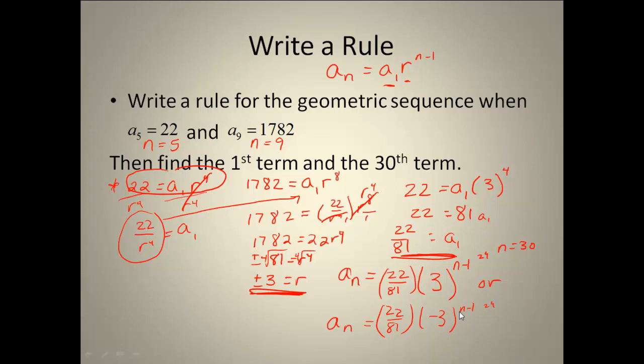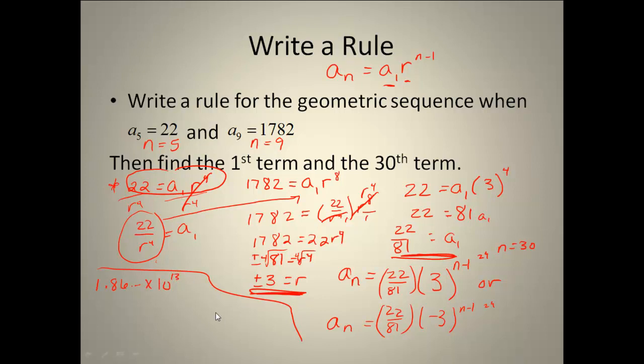So you would take your 22 over 81 and you would multiply that by 3 raised to the 29th power, and you get, let's see, I'm going to write that over here. You get 1.86, and it keeps going, times 10 to the 13th power. So you get really a large number.